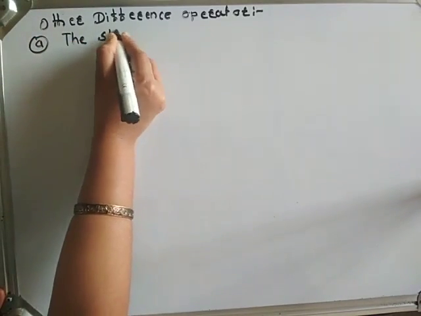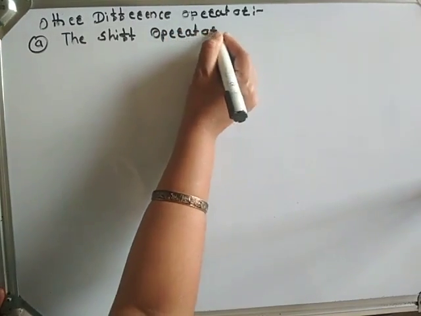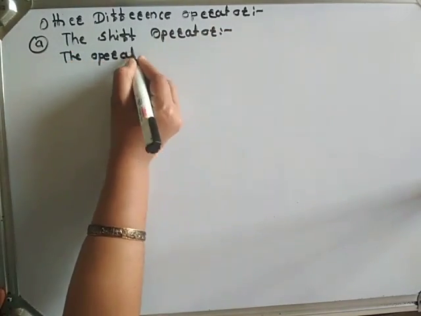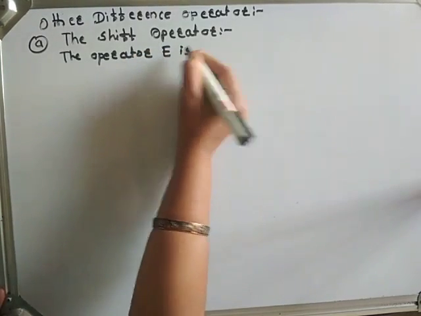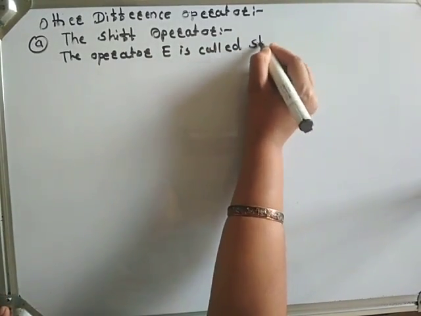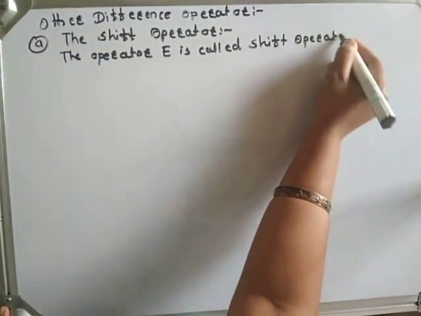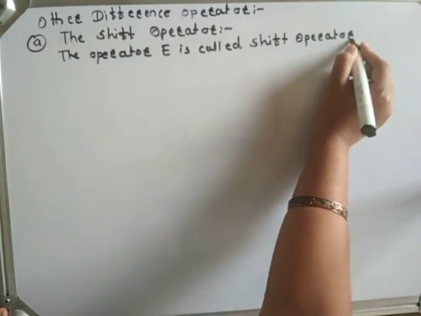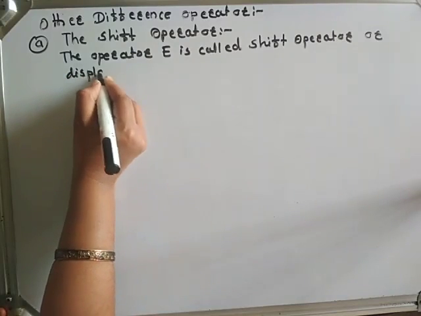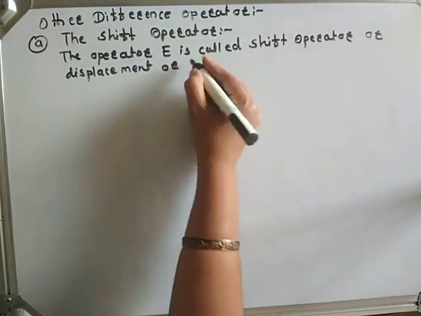The shift operator. The operator E is called shift operator or displacement or translation operator.